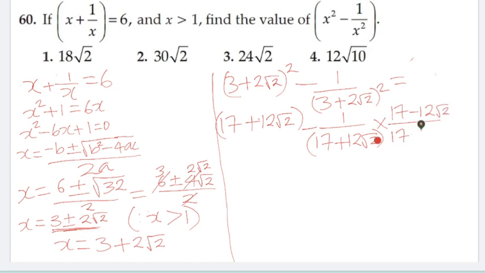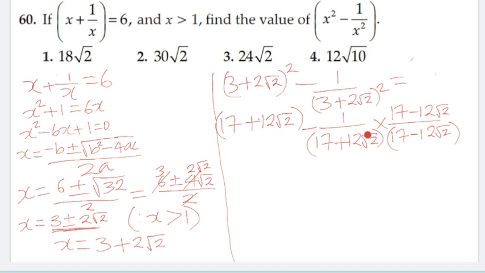So on multiplying this we can apply the algebraic identity again, that is a plus b into a minus b, we get a square minus b square. So here 17 square. What is 17 square?